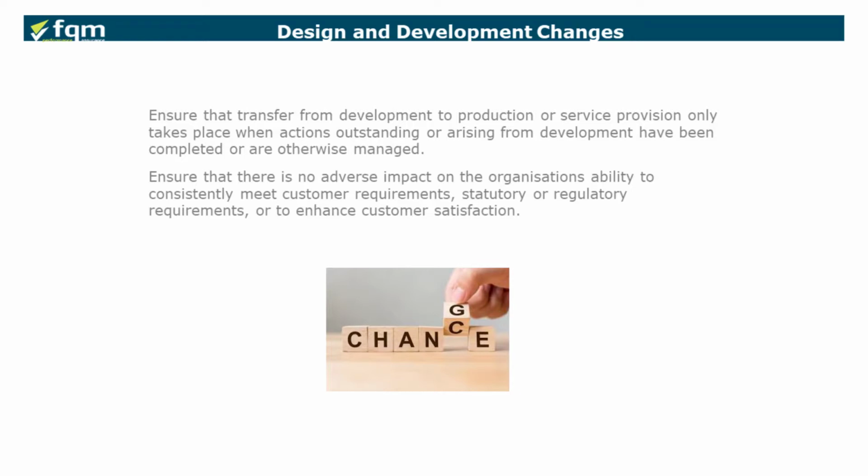It could be that the organisation is simply changing how they deliver their services. It could be they're changing the method in how those services are designed, or it could be as far as significant design changes in a manufacturing process.